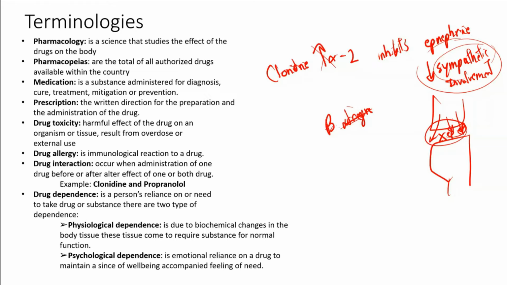But if you're on Propranolol, these beta adrenergic receptors are already blocked. So you cannot propagate a negative feedback loop, which leads to an uncontrolled sympathetic nervous system response if you combine these two drugs and then you take off Clonidine. So this is not healthy, and it creates a lot of problems. Yeah, that's an example of drug interactions.